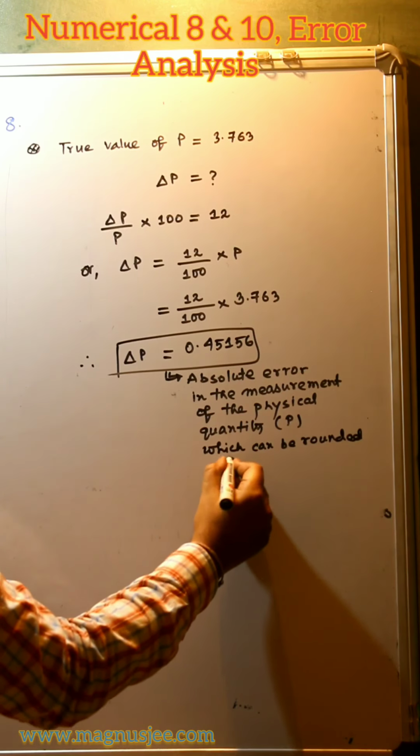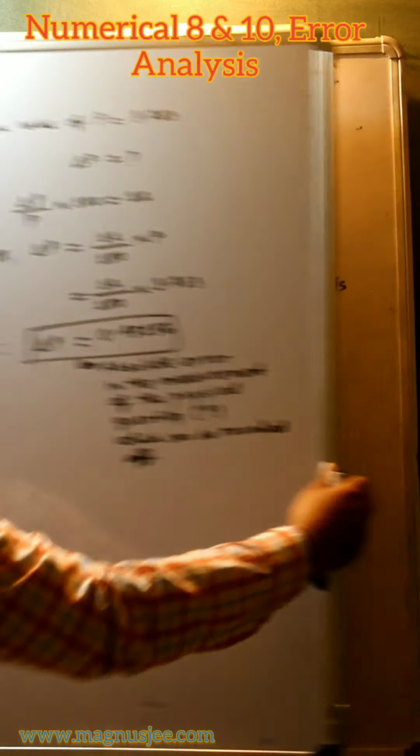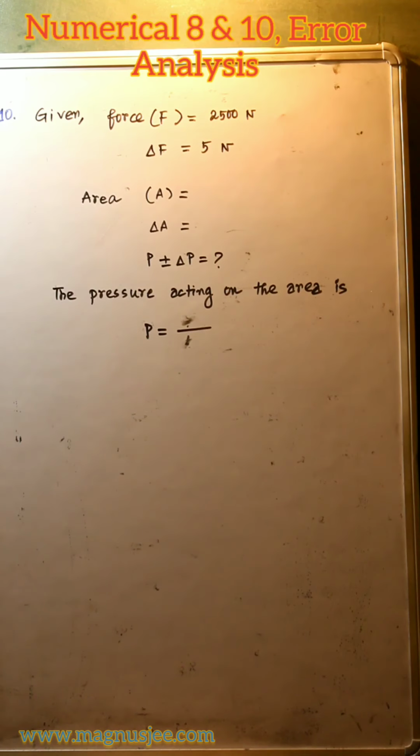Second part of this numerical. Now, next numerical number 8. What is given? The true value of force is given, and the absolute error in the measurement of force is also given, and the true value of area and its absolute error.